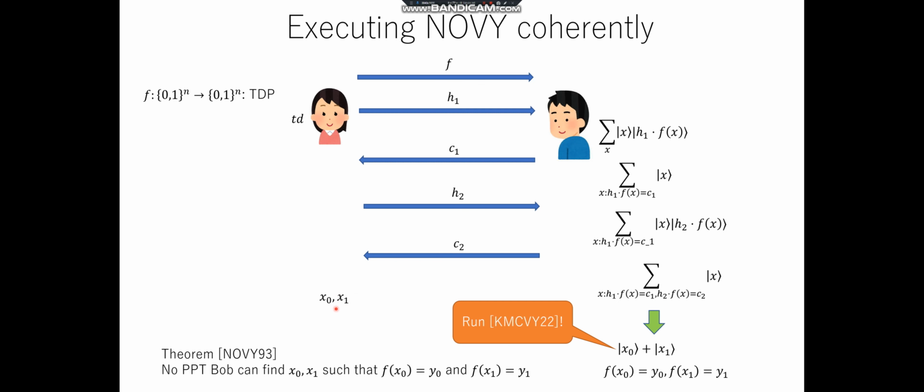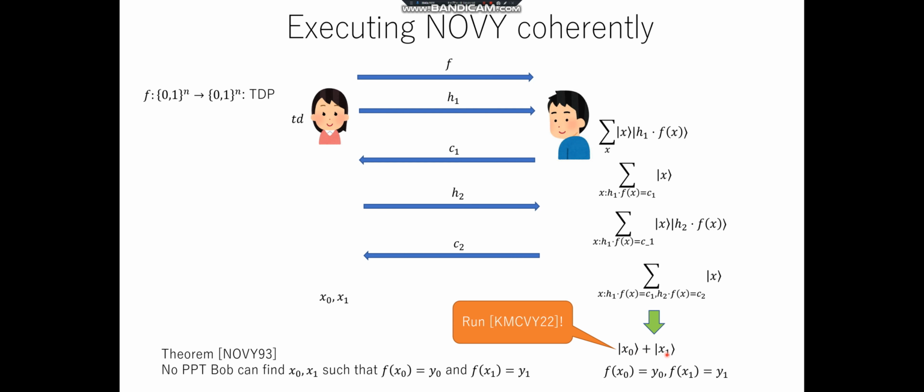Now, from this stage, we can just run the protocol of KMCVY22. The completeness is very clear, and soundness is also easily shown. In the KMCVY22 paper, the prover cannot output both x0 and x1 at the same time because of collision resistance.